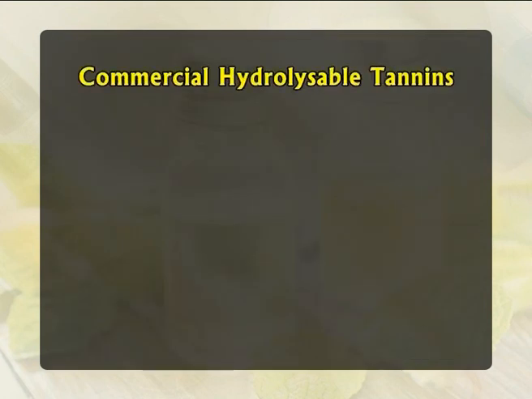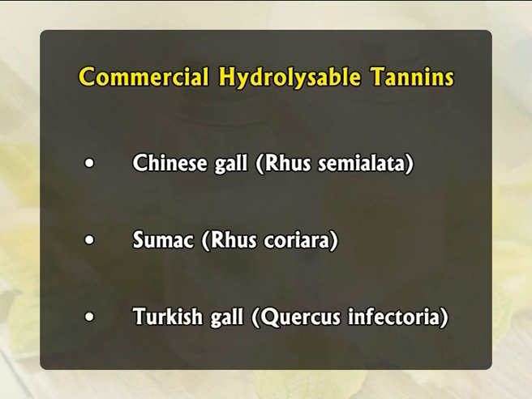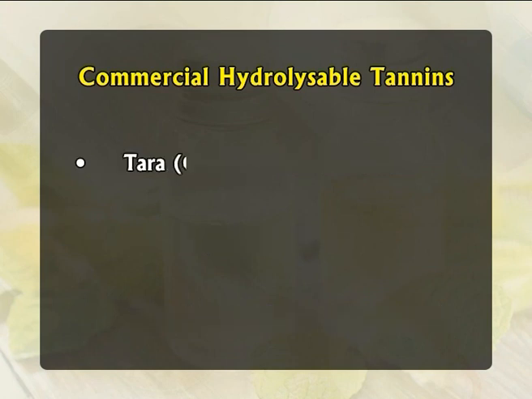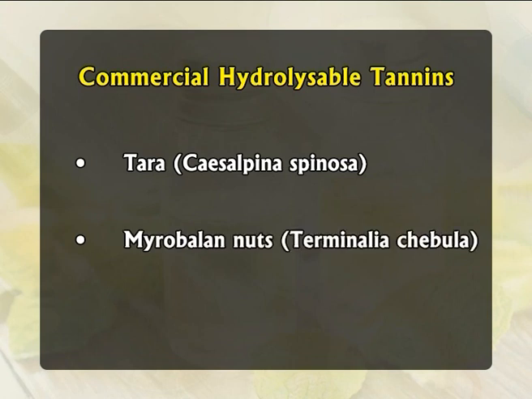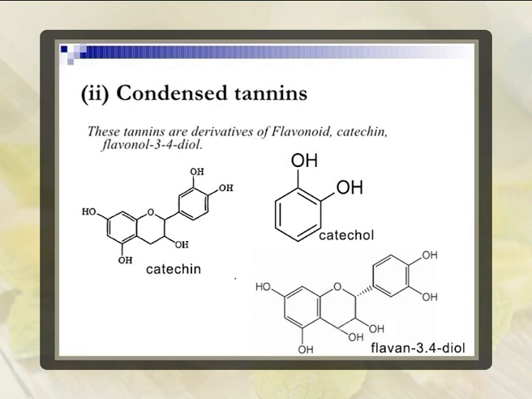The major commercial hydrolyzable tannins are extracted from Chinese gall, that is Rhus semialata, sumac, that is Rhus coriaria, Turkish gall, that is Quercus infectoria, tara, that is Caesalpinia spinosa, myrobalan nuts, that is Terminalia chebula, and chestnut, that is Castanea sativa. Condensed tannins, also known as polymeric proanthocyanidins, are composed of flavonoid units and are usually more abundant in tree barks and woods than their hydrolyzable counterparts.